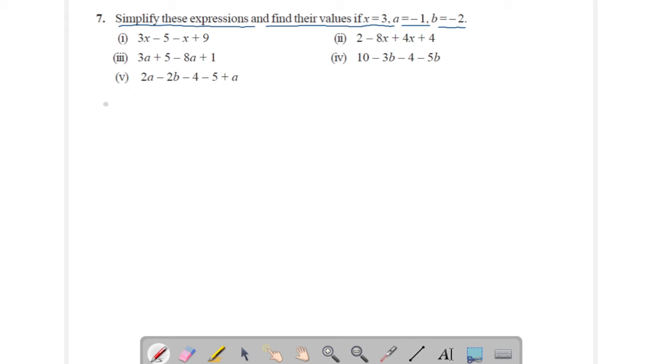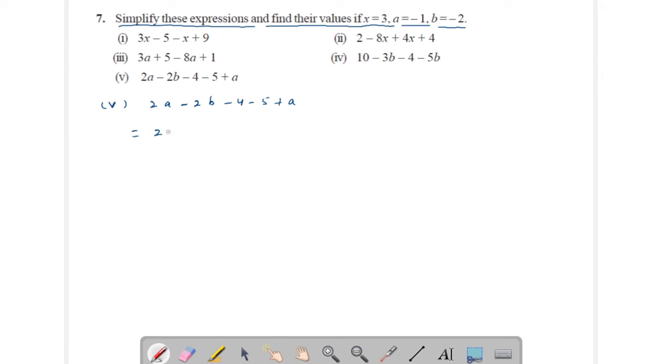Now come to fifth part. It is 2a - 2b - 4 - 5 + a. Here collect the like terms.